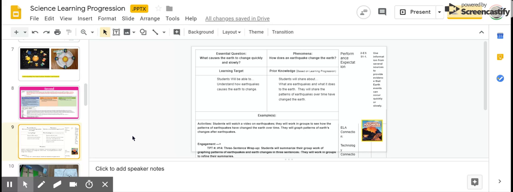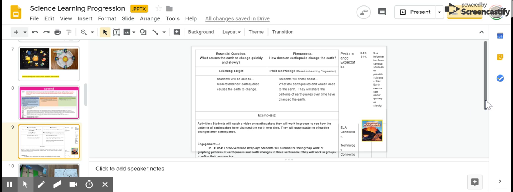Their learning target is students will be able to understand how earthquakes cause the Earth to change. And then they will also be able to share about what earthquakes are and what they do to the Earth, and then they will share patterns of earthquakes over time, how that pattern has caused the Earth to change.